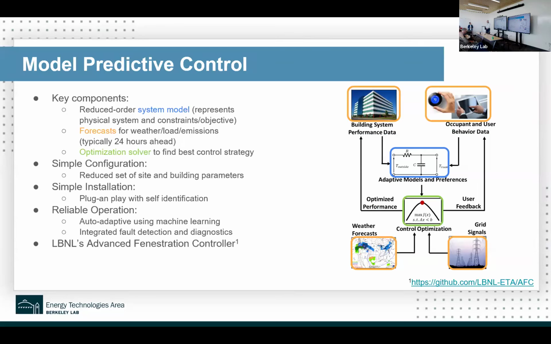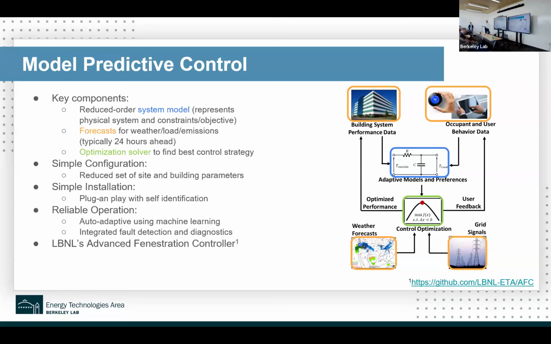One technique we're using to achieve that is called model predictive control, which consists of three main components. It consists of the reduced order system models. That's a mathematical formulation of your building and the facade and the different technologies you're integrating, such as the dynamic facade, lighting, and HVAC.